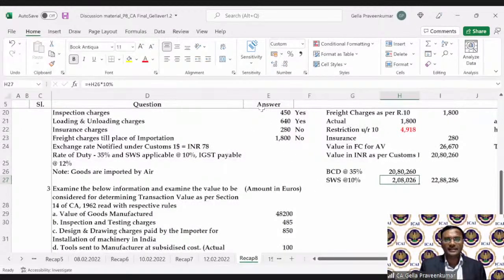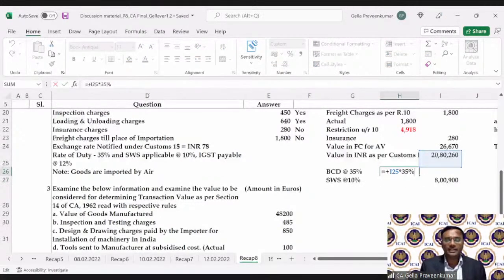Please cross check your answers, students. Basic customs duty, 20,80,260. Santosh, your BCD is right. 7,28,091. Calculation of basic customs duty on 20,80,000: I apply 35%.